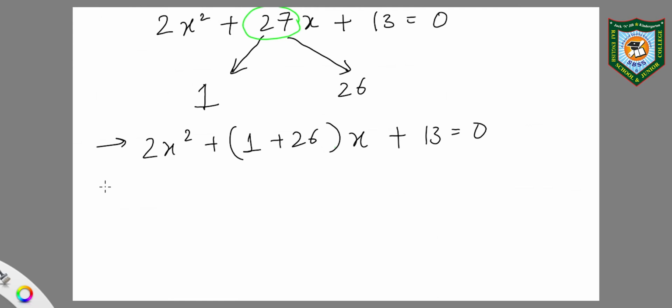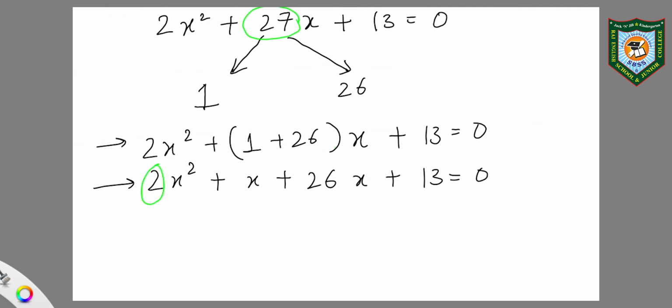So once I do this, all I have to do is split the terms in such a way that I can get common factors. Now, how to choose which number goes where? So I have here 2x square plus x plus 26x plus 13 is equal to 0. Now, as I can see, here I have 2 and from 26 I can get a common factor 2.